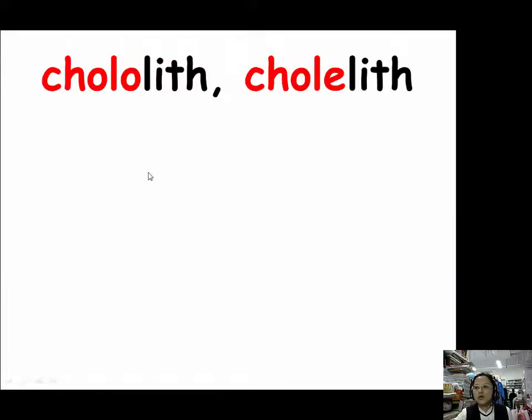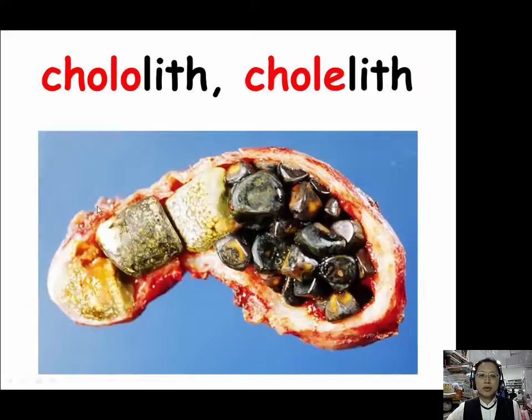Our example for CHOLO and CHOLE is cholelith. A cholelith, which we show in this picture, is commonly called a gallstone. They are small hard objects in the shape of a pebble, sometimes formed in the gallbladder or bile duct, composed of cholesterol, biopigment and calcium salts.